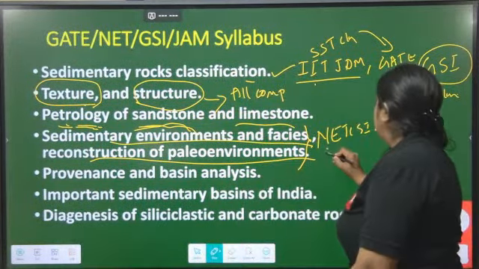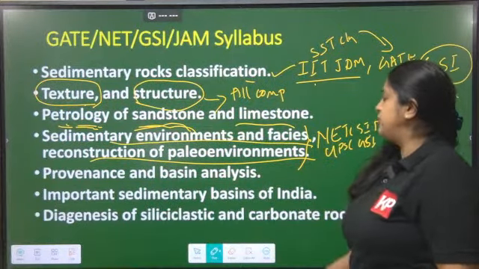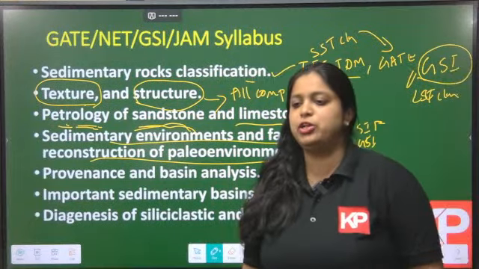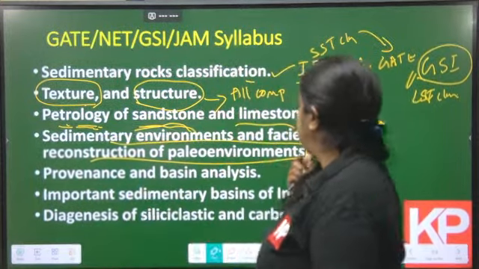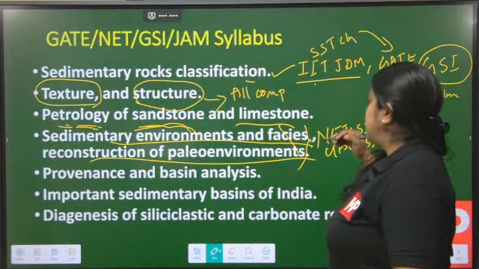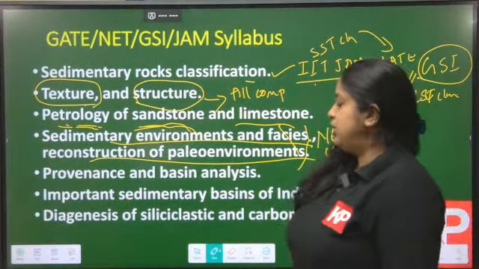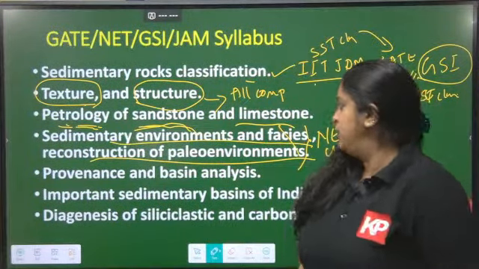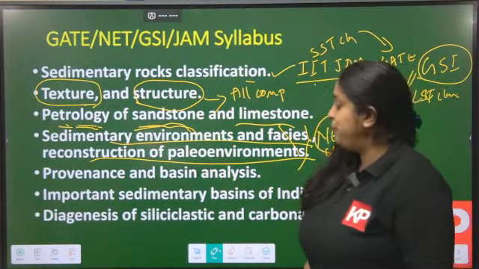In the UPSC GSI paper they also ask questions about sedimentary environments and their facies, along with reconstruction of paleo-environment conditions. Other than for NET and GSI, it is not important for IIT JAM at all. In GATE they very rarely ask about sedimentary facies. So they ask, but very rarely compared with the NET examination and GSI paper. So this chapter is very important for NET CSIR and UPSC papers.